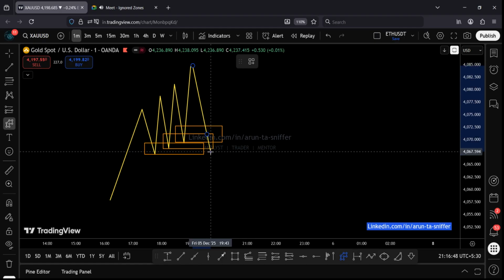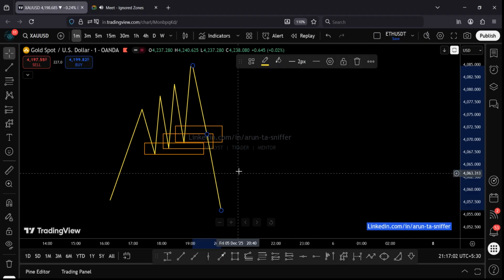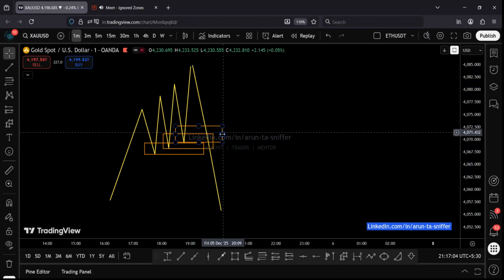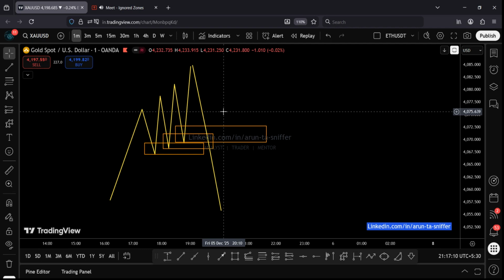It comes down, breaks this flow, breaks this area here, or just keeps coming directly without going anywhere. So this demand was ignored here. Okay, this demand was ignored here.